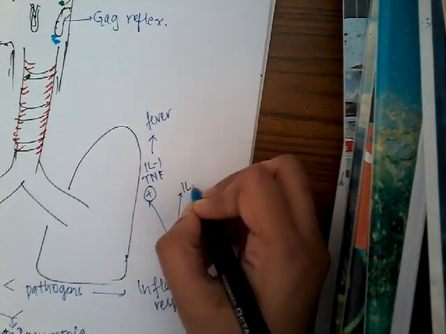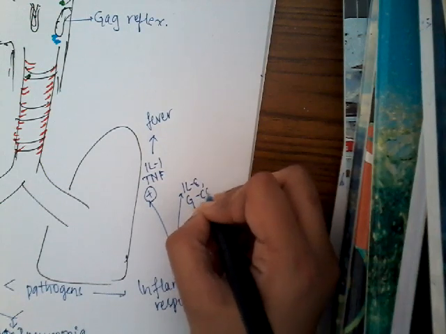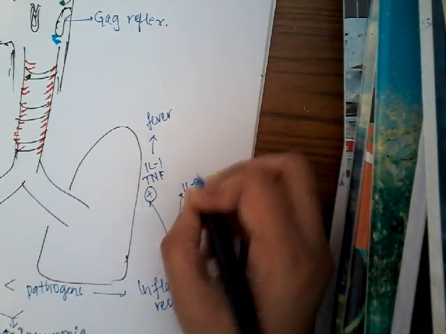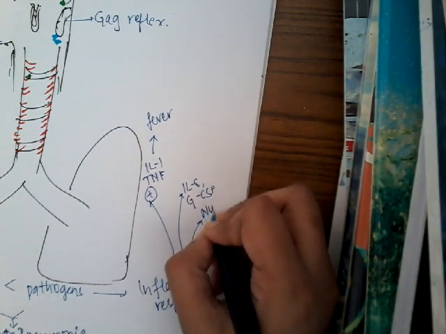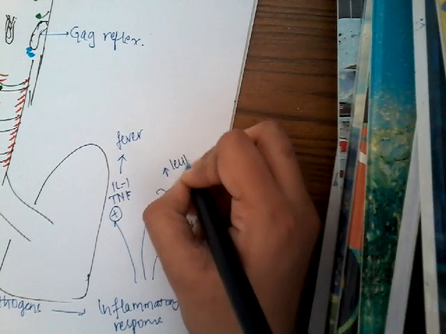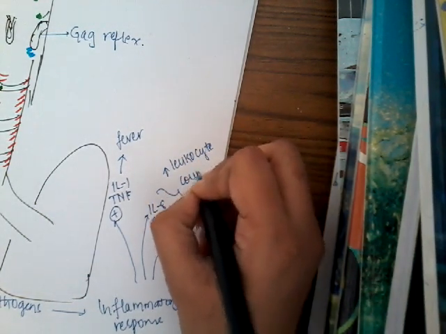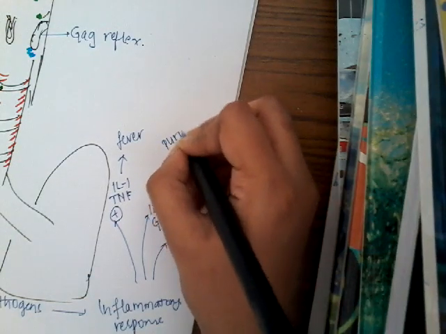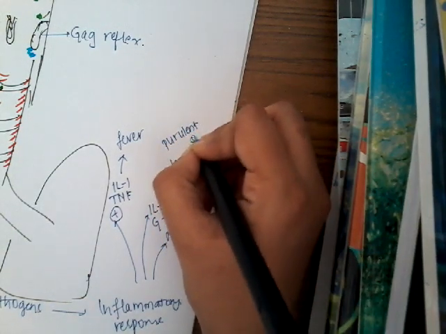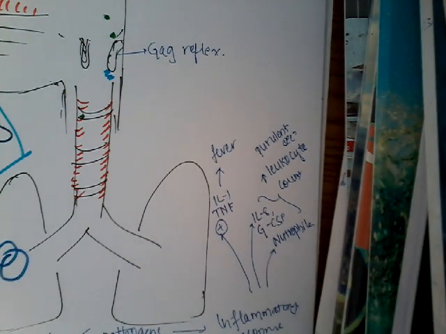If interleukin 8 and granulocyte colony stimulating factor are activated and neutrophils are activated, all these lead to increased leukocyte count. And this also causes purulent secretion. So this is the pathogenesis for pneumonia.